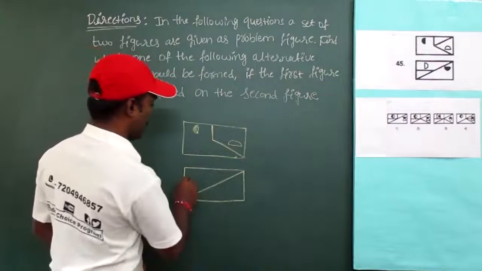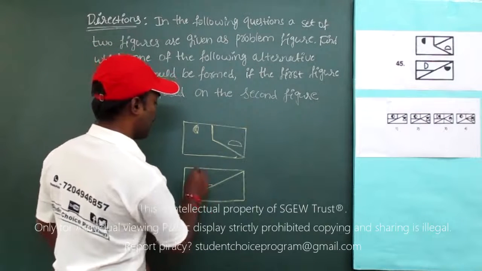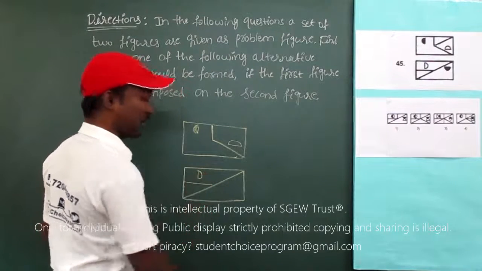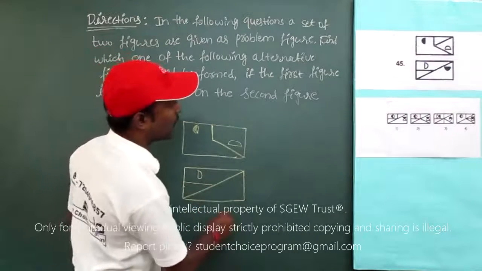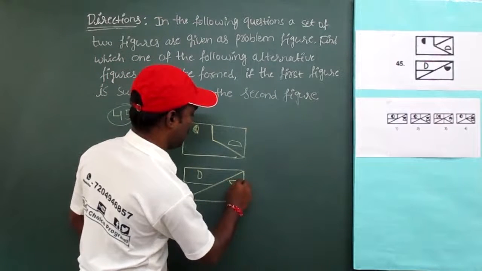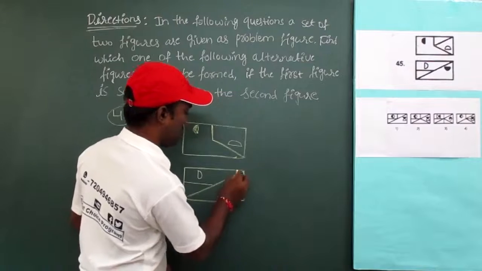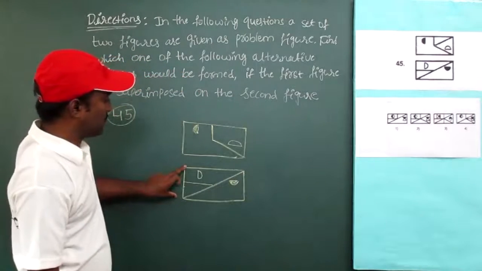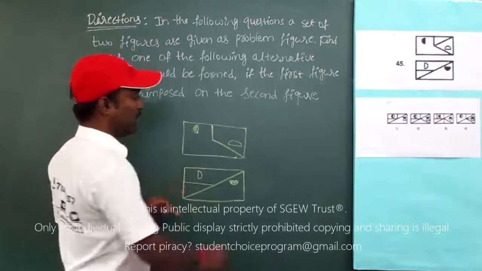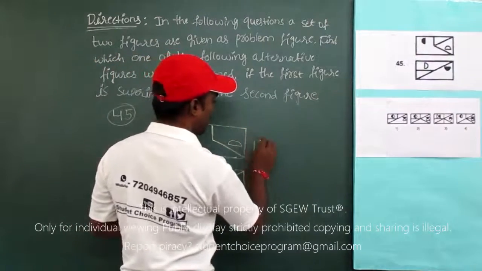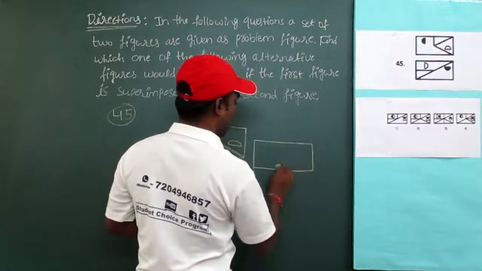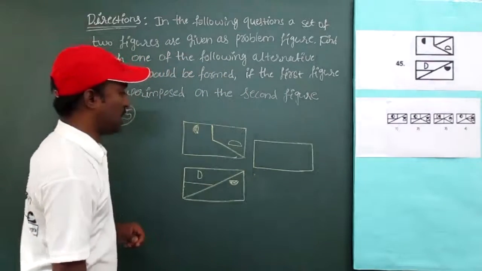I am having here a blank semicircle and a dark semicircle here. If you place this on the first figure, you will get the image like this.